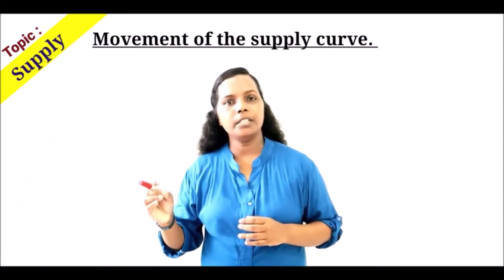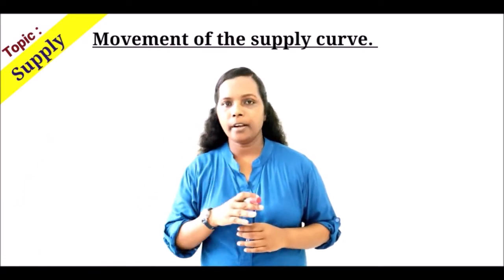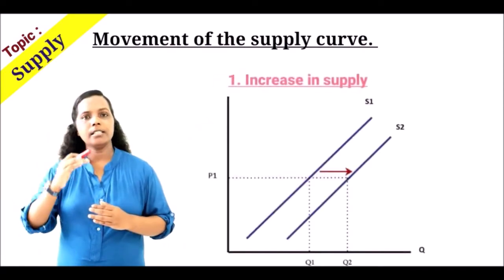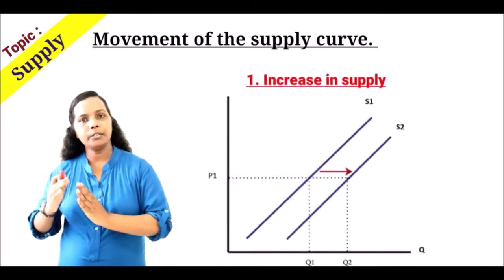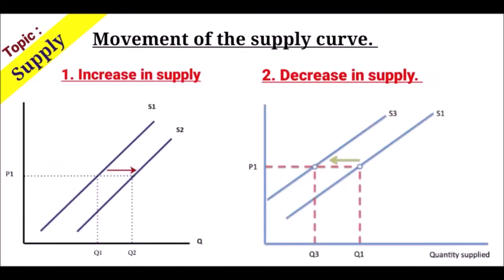The causes of shifts are the non-price factors. An increase in supply shifts the supply curve to the right, and a decrease in supply shifts the supply curve to the left. As I said, the non-price factors cause the supply curve to shift to left or right.